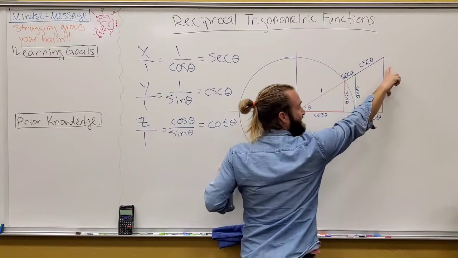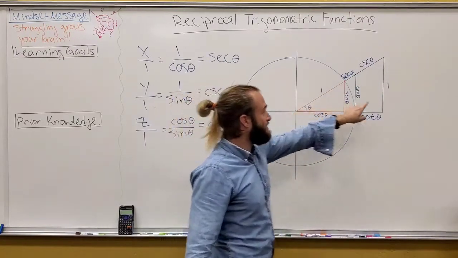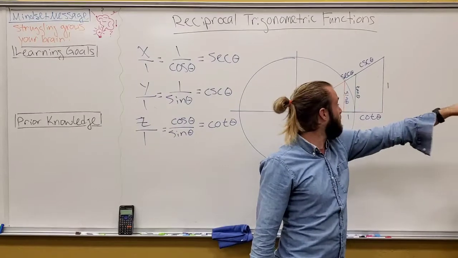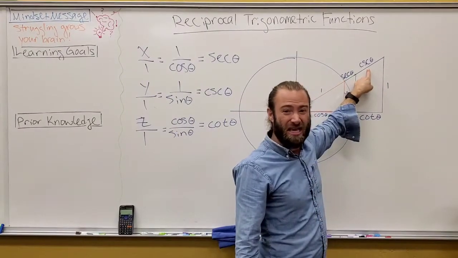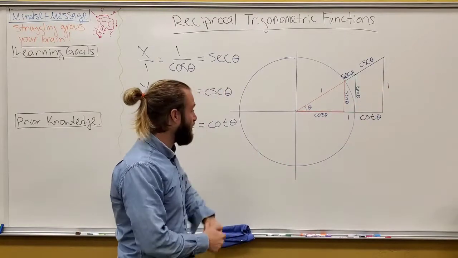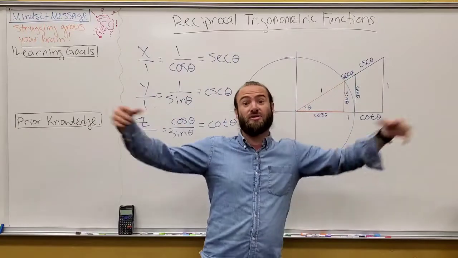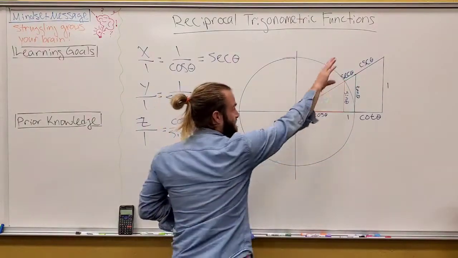So this has to stay 1. It's going to shoot out really far. So the smaller this angle gets, it's going to force that to shoot out really far. And what's happening to cosecant's length? It's getting really long, really fast, right? And as theta gets really close to 0, cosecant actually grows infinitely as it flattens out, right?